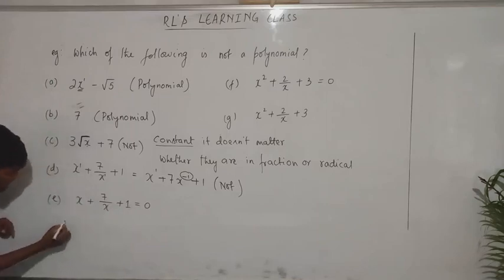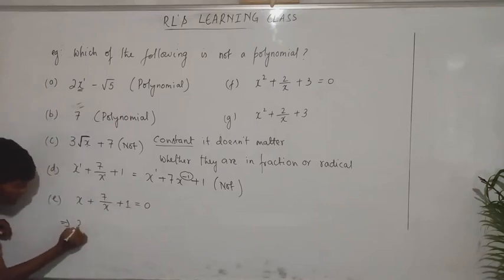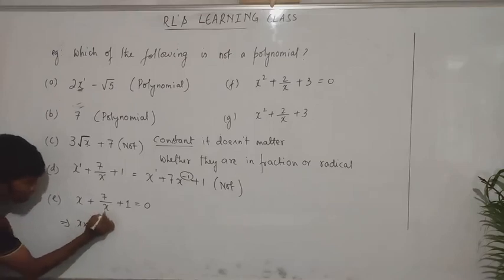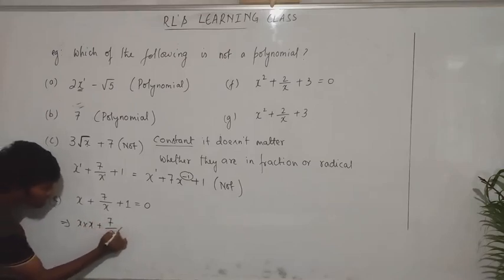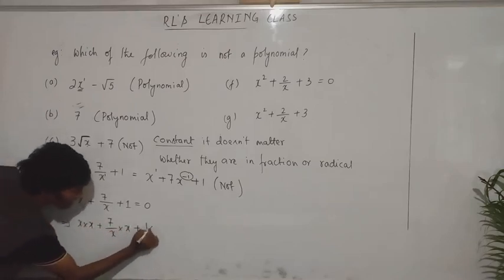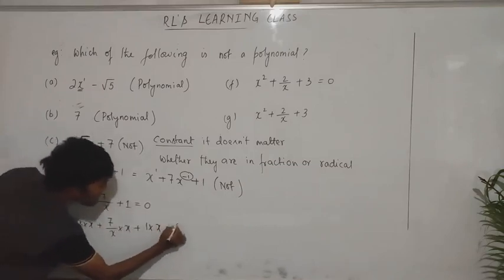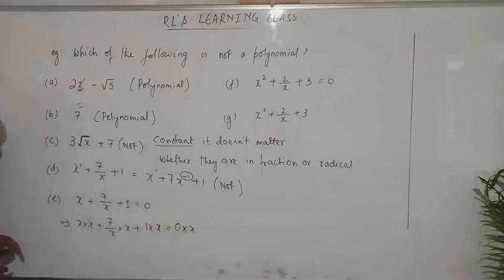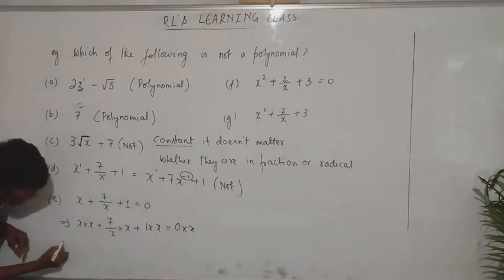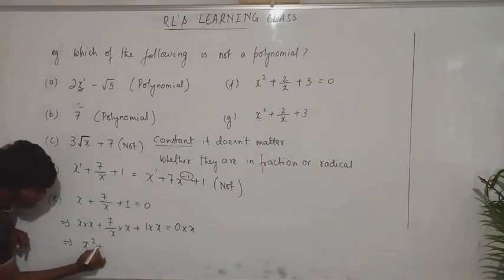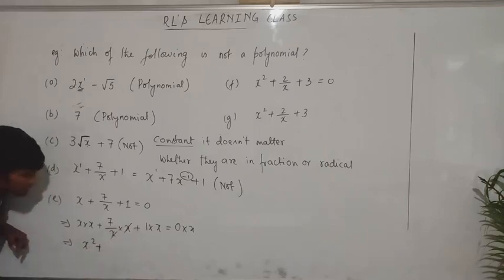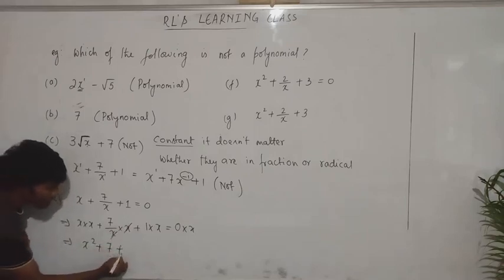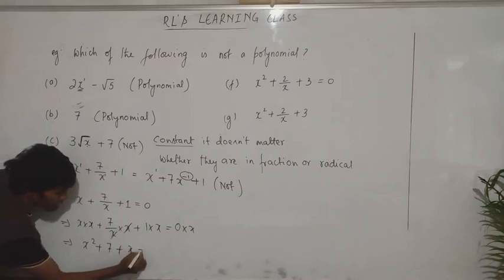If I multiply, x into x, then 7 by x into x, then plus 1 into x, then 0 into x. You've got x into x, x squared, then x and x cancel, then we've got 7, then plus 1 into x will be x, then this is equal to 0.